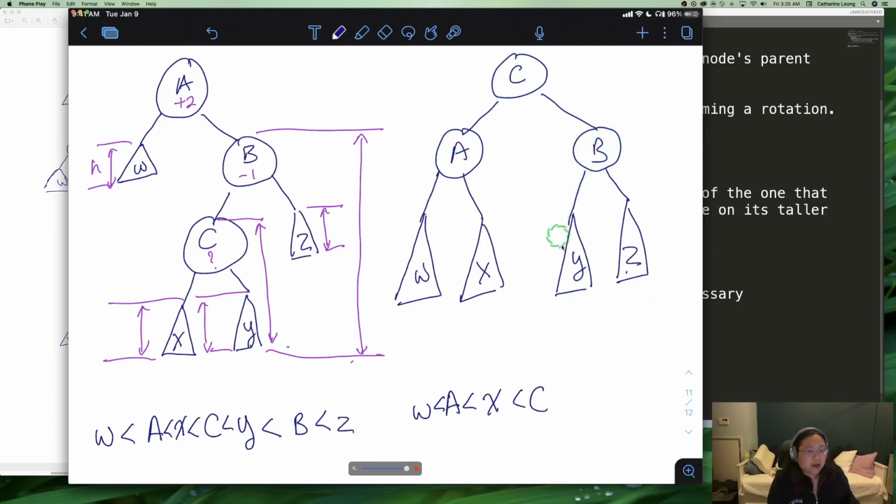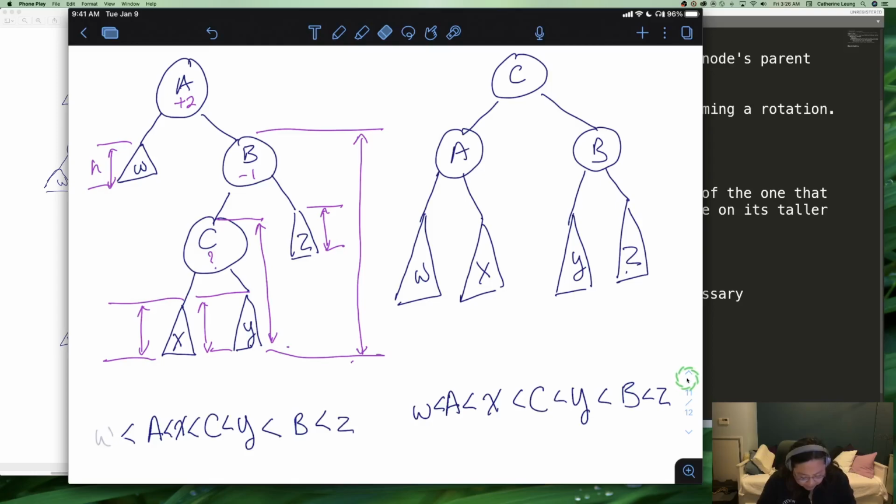B and everything underneath it is bigger than C. Y is bigger than C but smaller than B. And Z is bigger than B. That's just based on where they are positioned relative to each other. If we take a look at the inequality before and the inequality after, it's the same expression. So we don't have to worry that the rotation does anything bad to our tree. We still have a binary search tree when we do a double rotation.